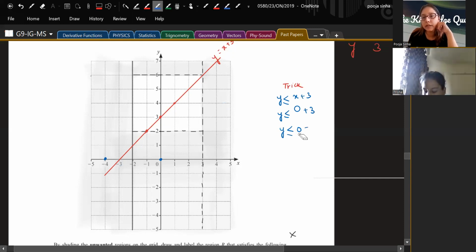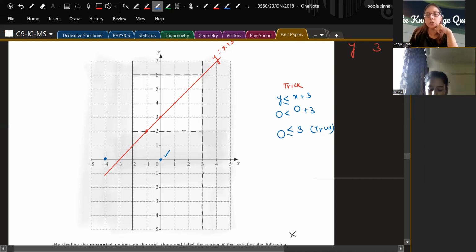At that point, what is the value of y that I should get? When x is 0, y is also 0. Now, is this true? Is 0 less than 3? It is true. So this is coming out to be true for me.